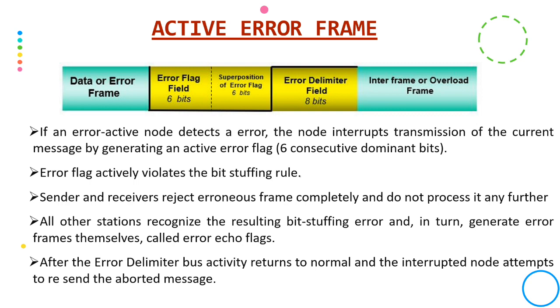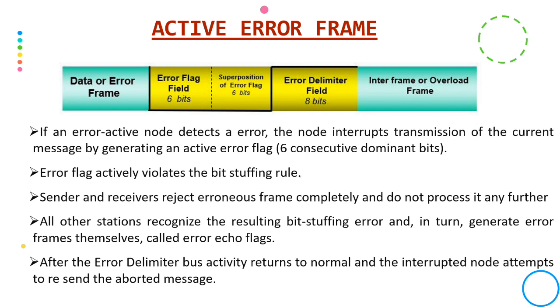If so, the sender and receiver, on detecting them, reject the erroneous frames completely and do not process them any further. All the other stations which recognize the resulting bit stuffing error will in turn generate a frame themselves, called the error echo frame, which results in the superposition of error flags, and it is 6 bits in length.